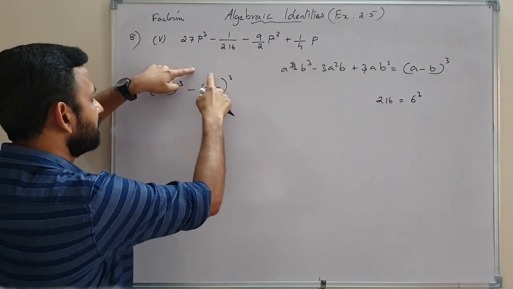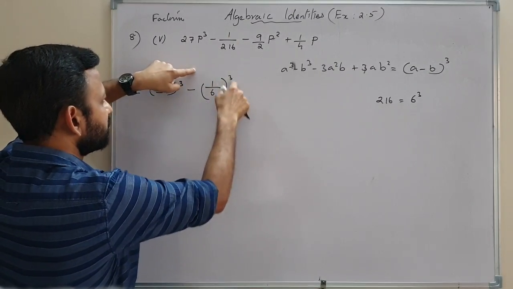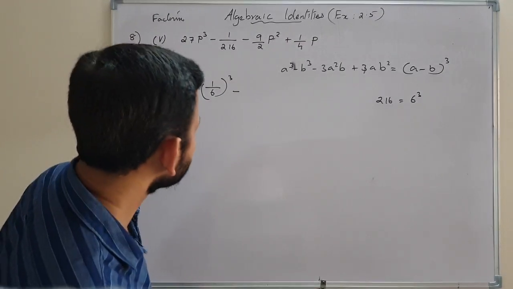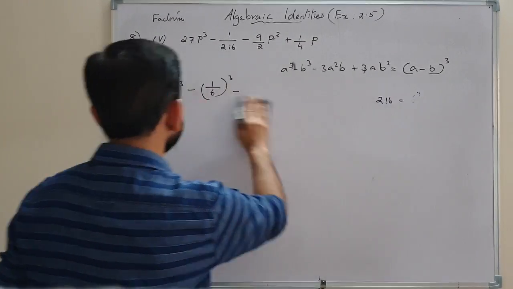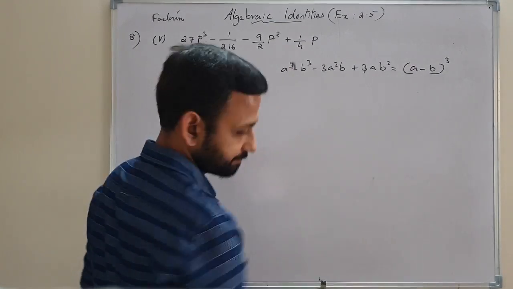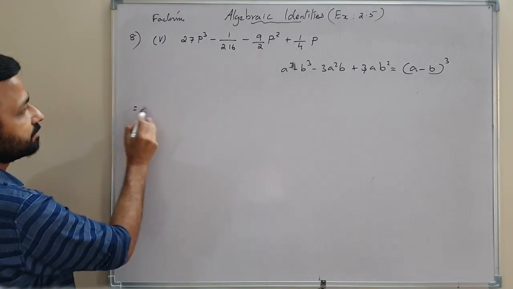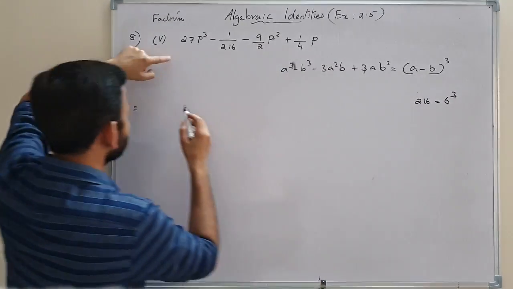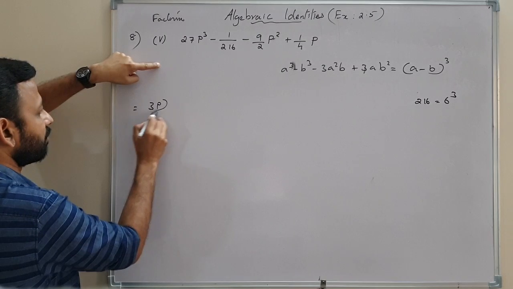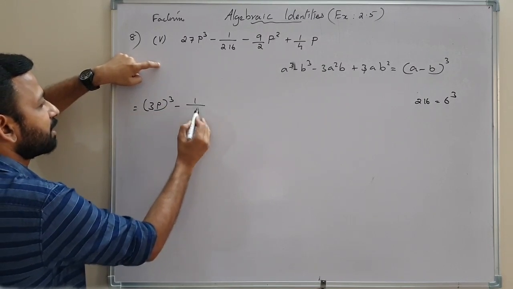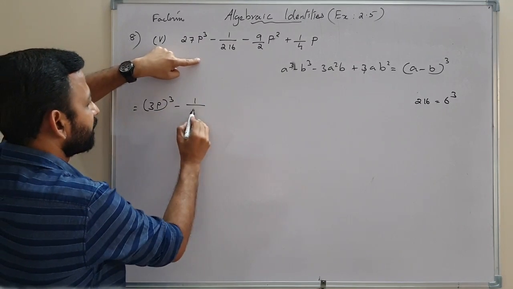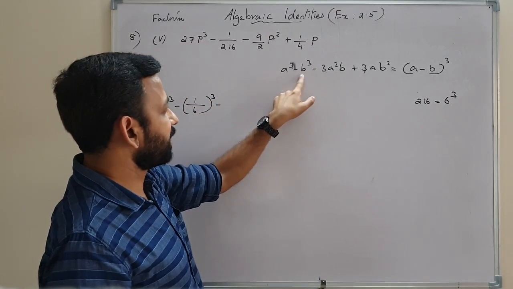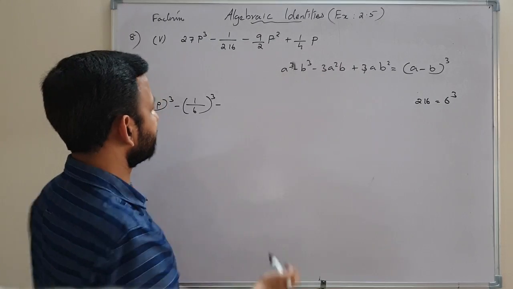So 3p whole cube minus 1 upon 6 raised to the power 3, minus 3a square b.